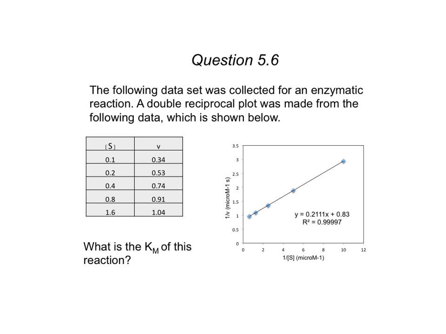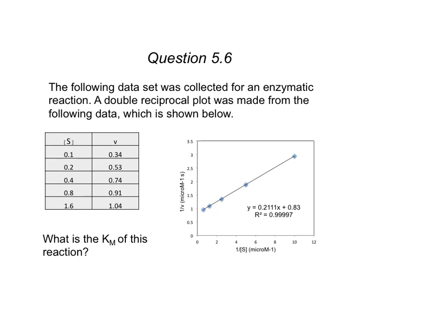Okay, so most of you, I think, got this correctly. With the Lineweaver-Burk plot, the slope of the line is equal to Km over Vmax. We had Vmax from our original problem, which we already solved for as 1.2 micromolar inverse seconds. And then we have a value for slope, 0.21, equal to Km over Vmax.